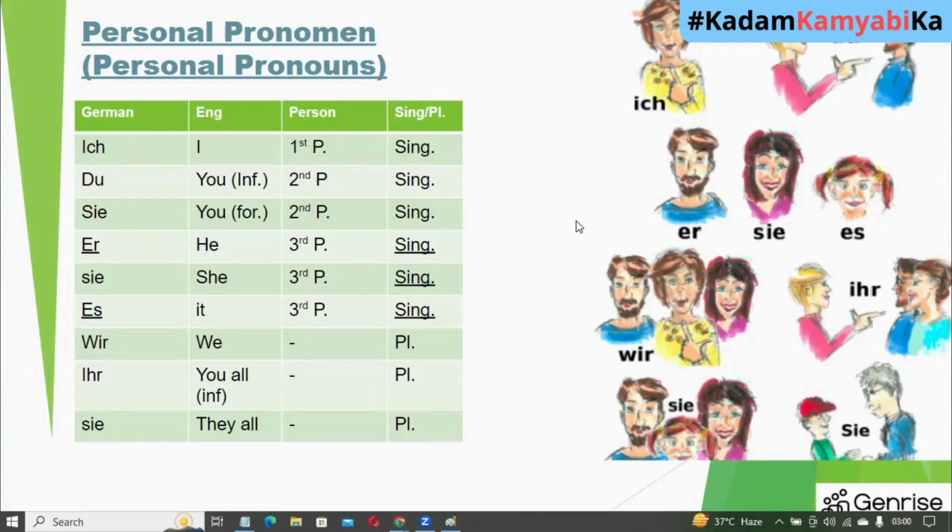This will be the base of your German grammar. So first learn it, take a new page, write it, cross-check it, and learn from your mistakes. In German, personal pronouns are called Personal Pronomen. I repeat, Personal Pronomen.